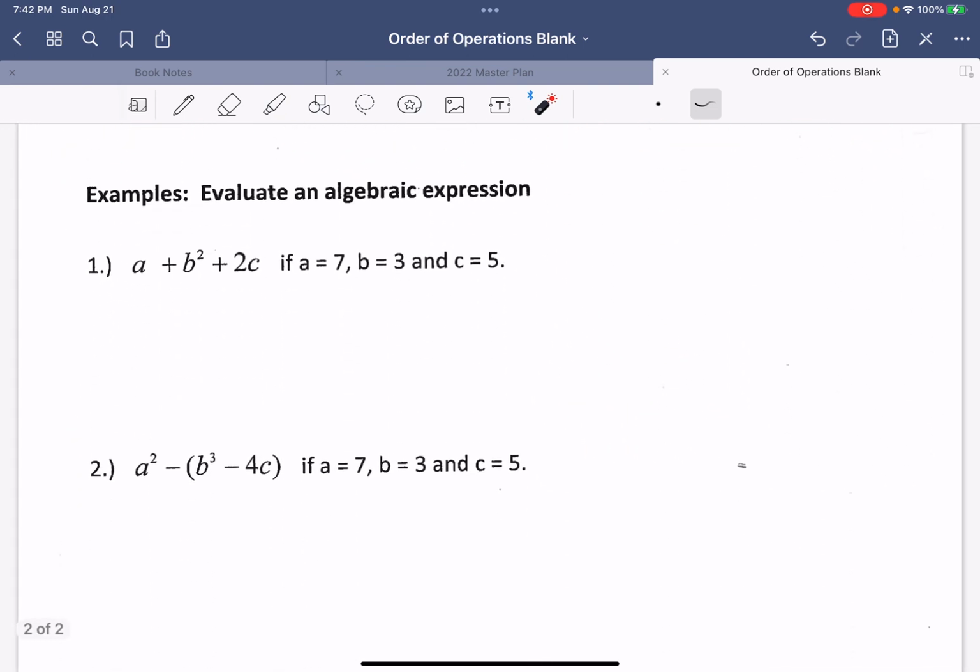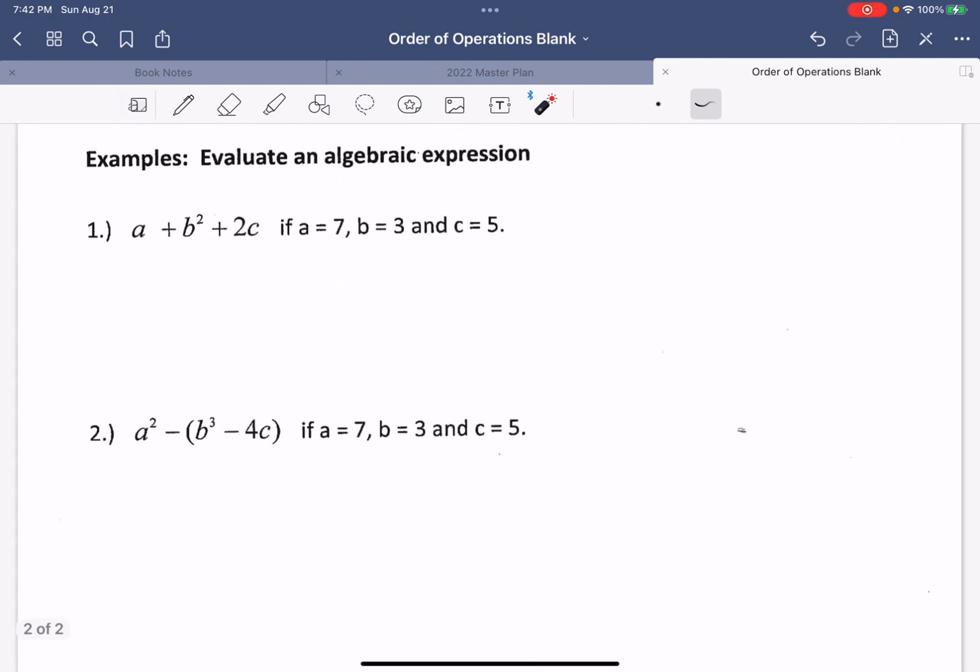All right, now let's move on to a little bit of algebraic expression and evaluating that. That means to take a look at it and try to solve for a number. In this case, they have given us all these numbers. So A is 7, B is 3, and C is 5. When they give you those variables, all you're going to do is plug those numbers in.